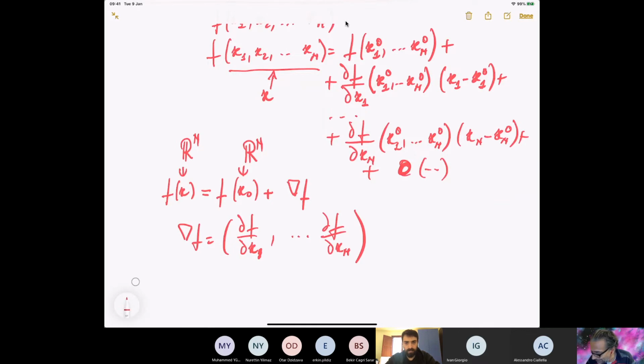I calculate nabla f in x0, and I have a vector. This vector has these components. What I've written here is the inner product of nabla f with x minus x0.